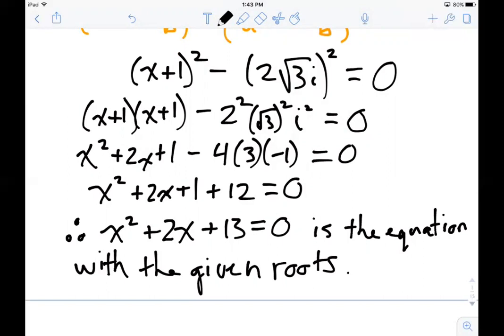So keep in mind that if we can solve a quadratic equation by factoring and use those factors to find its roots, now you've seen that we can use the roots that we already know to work backwards to find the factors, and then use the factors to produce the full standard form equation. Both will be very valuable skills in future units and later in this unit as well.